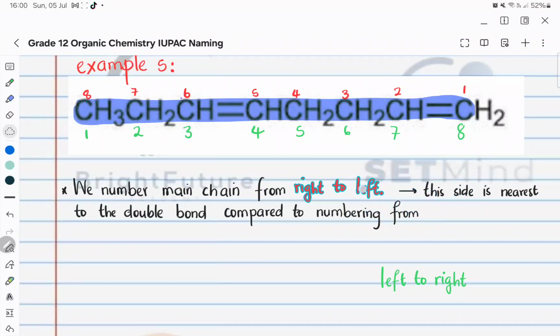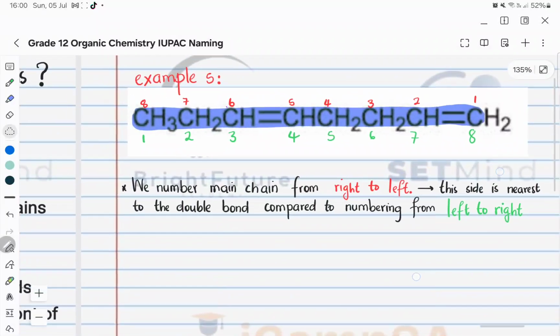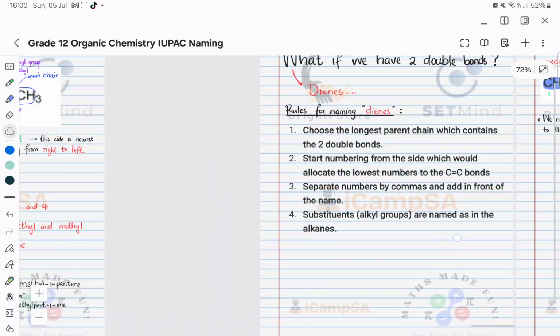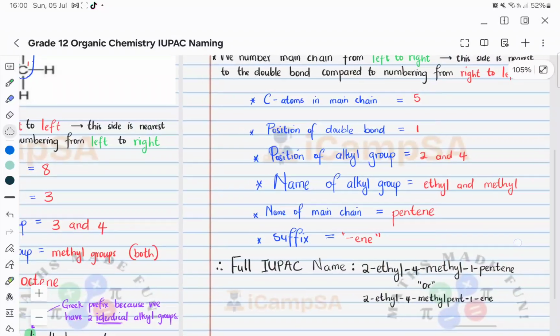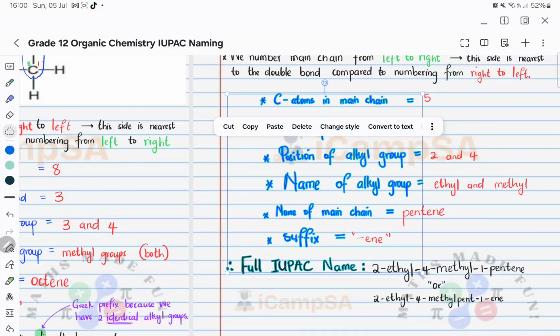It's better if I number from right to left than from left to right. Okay, that's what we have now. So we can bring back our template, actually, all of it.